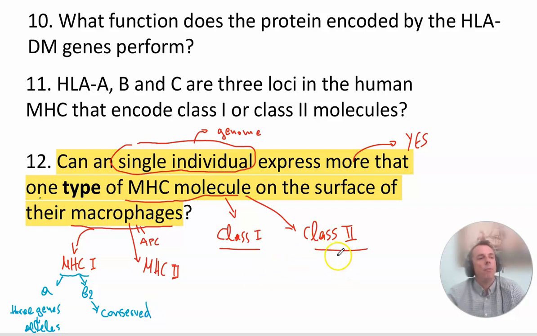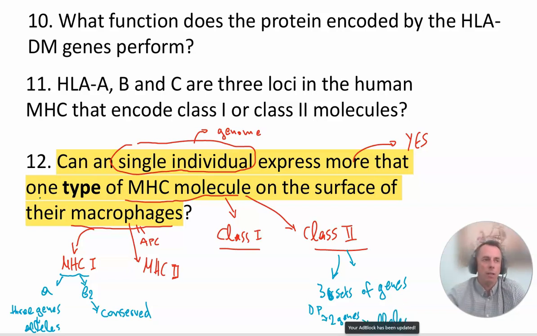Same happens for the class 2 molecules with 3 sets of genes. Each set, DP, etc., will have 2 genes with few alleles for each gene as well.